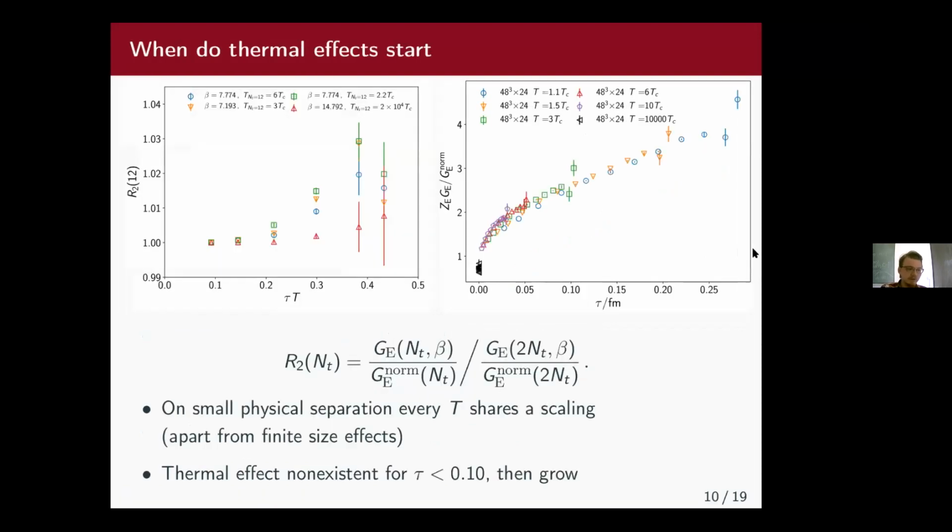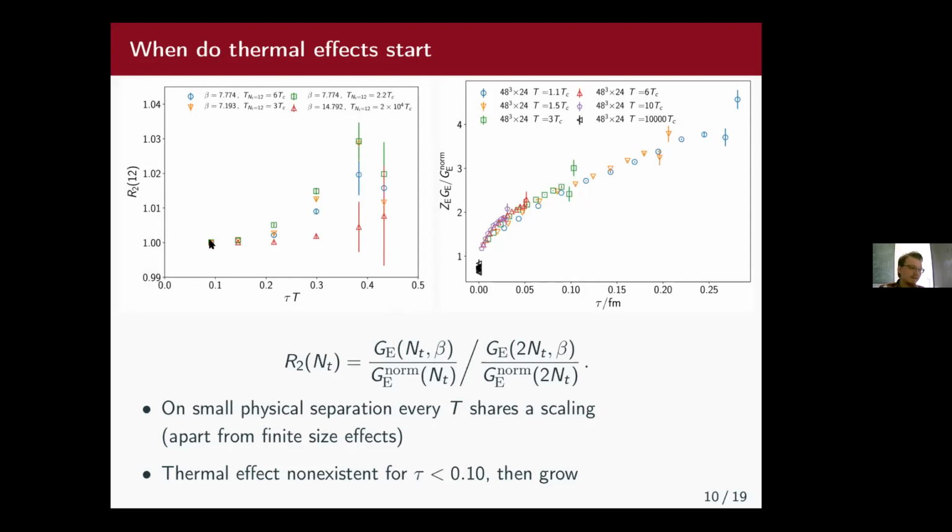Now the question is, how much of this shape comes from the thermal effects and how much of it comes just from the running of the coupling? For that, we plot this ratio where we take two lattice results with a factor of 2 difference in the temporal size, but the same beta, so the same lattice spacing. Doing this ratio, we don't have much of lattice artifacts since the lattice spacing is the same.